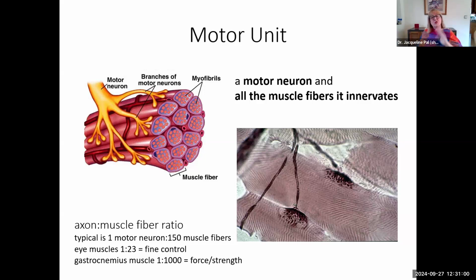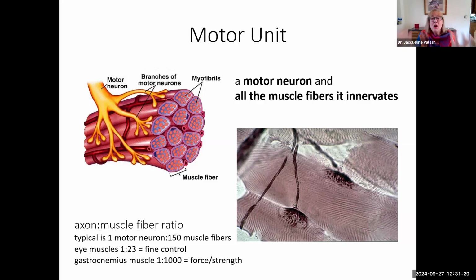In contrast, in your gastrocnemius muscle in the back of your calf, 1 motor neuron innervates over 1,000 cells. So when that nerve impulse comes down, over 1,000 cells are going to contract, which gives you a lot of force and strength if you want to stand up on tippy toe. Okay? So do you see why we don't want 150 everywhere?